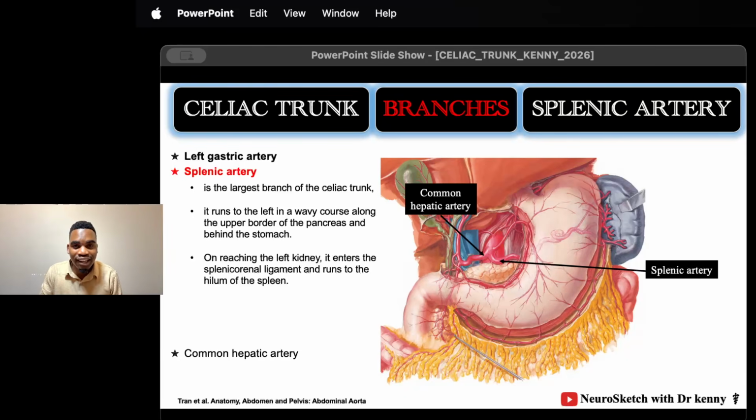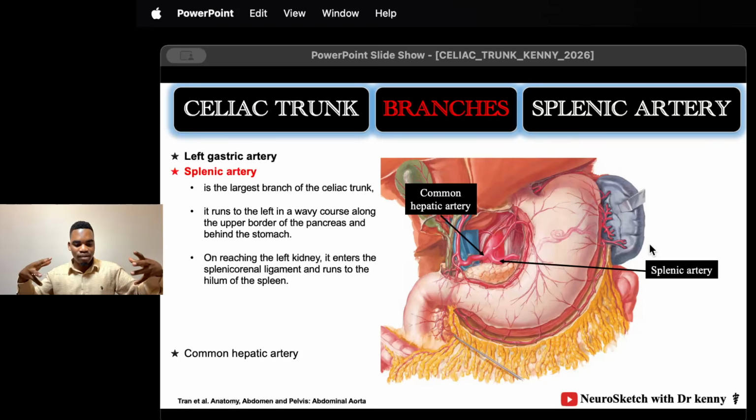During rotation of the gut in embryology, the spleen migrates to the left hypochondriac region. Due to that rotation, this artery gives room for the spleen to elongate, as the distance can vary. That's reason number one. Reason number two, the spleen usually moves with respiration.